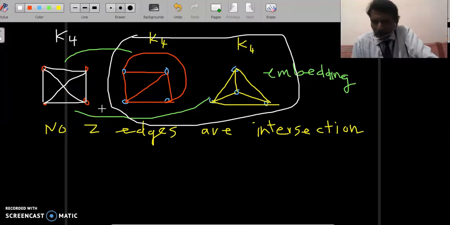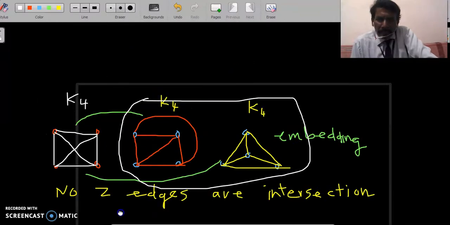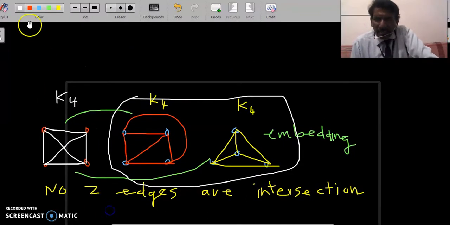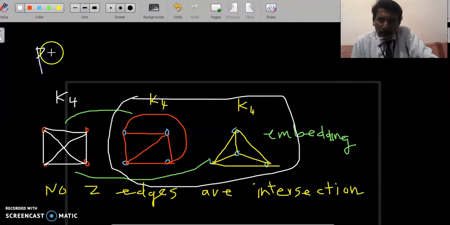That is what we have to understand. Okay, it's a good idea. Am I correct? So by this time we understand what a planar graph is. That's what we have studied.